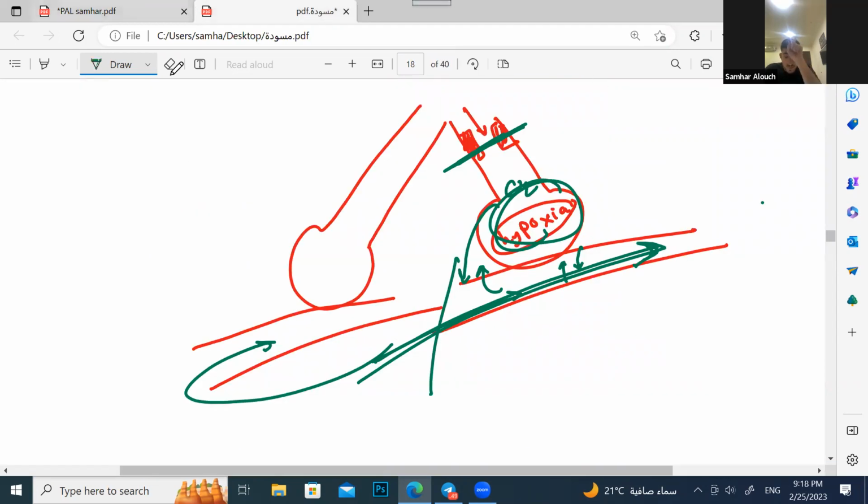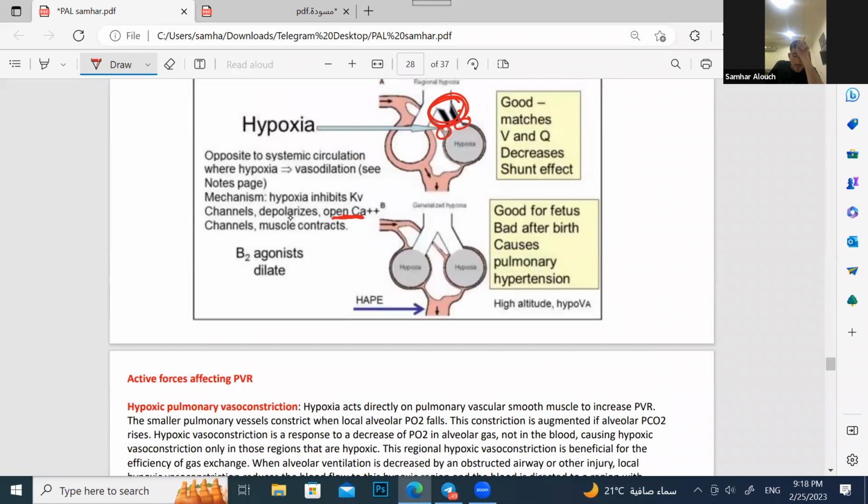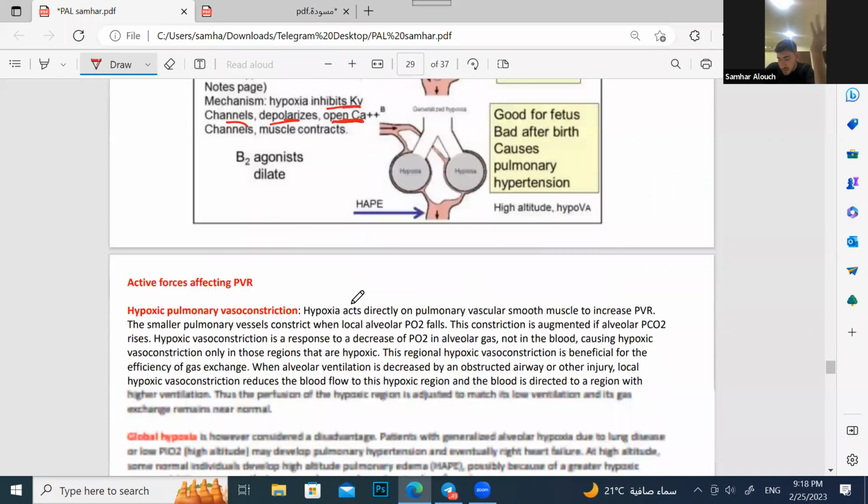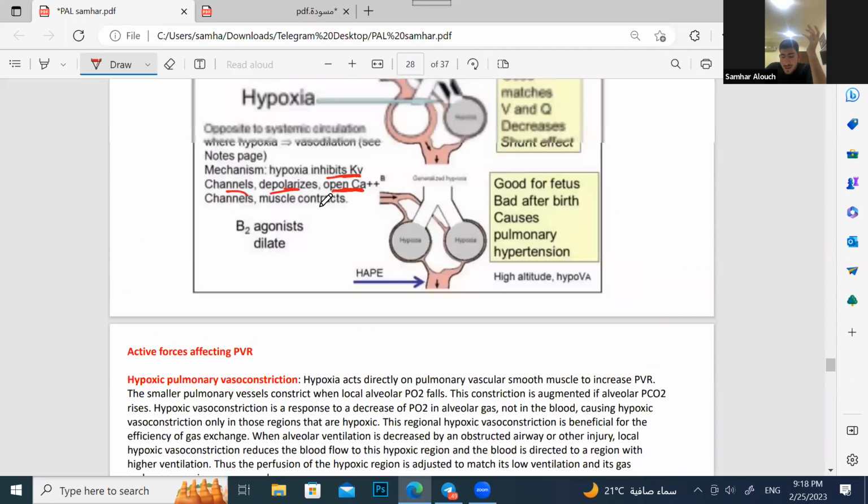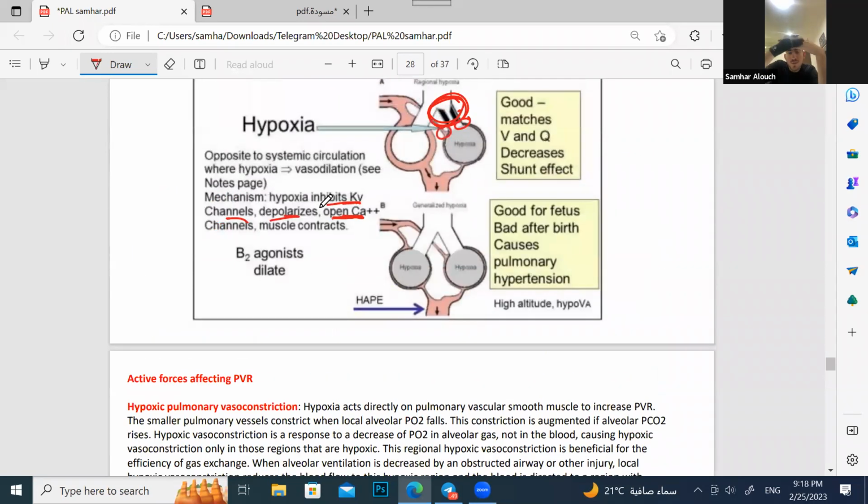No, not sodium. I'm talking about potassium. Actually, maybe sodium increases, but that's not what's important here. Because the potassium channel closes, potassium will stay inside more. Since potassium is inside more, it will depolarize the cell, because potassium usually wants to go out.